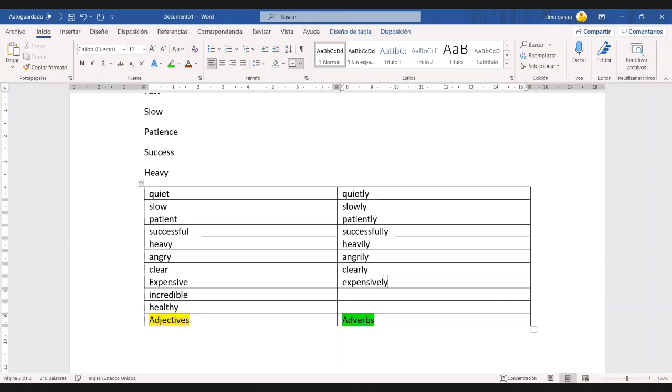Incredible, incredibly. And healthy as an adverb would be healthily. That's right, healthily. Very nice.